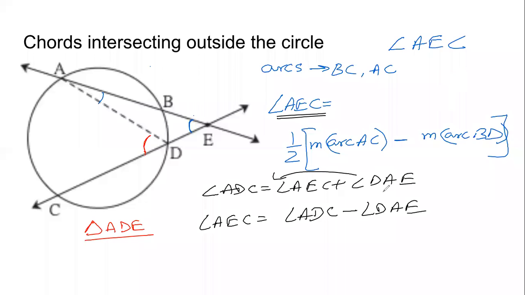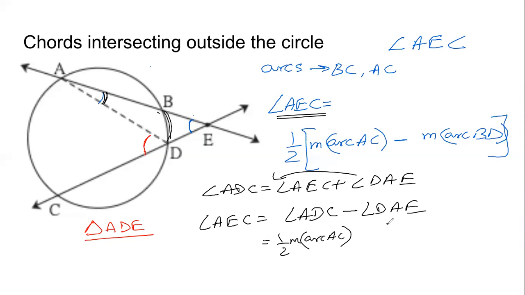Now let us look at where angle ADC is. ADC is this angle, this red angle. And this angle intercepts the arc AC. So this will be half of arc AC. Look at angle DAE. DAE, the blue angle here, intercepts the arc BD.